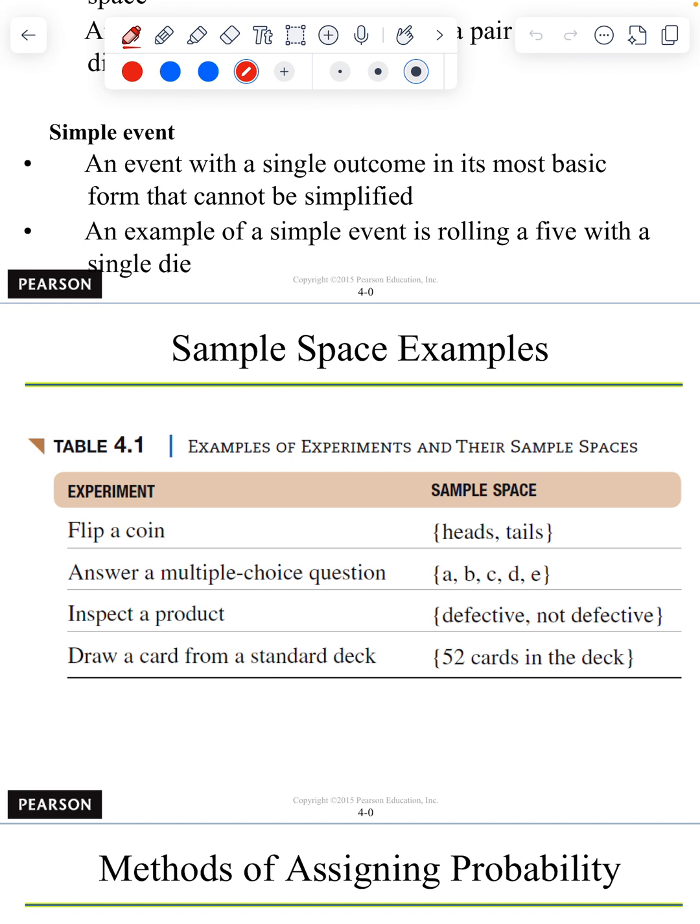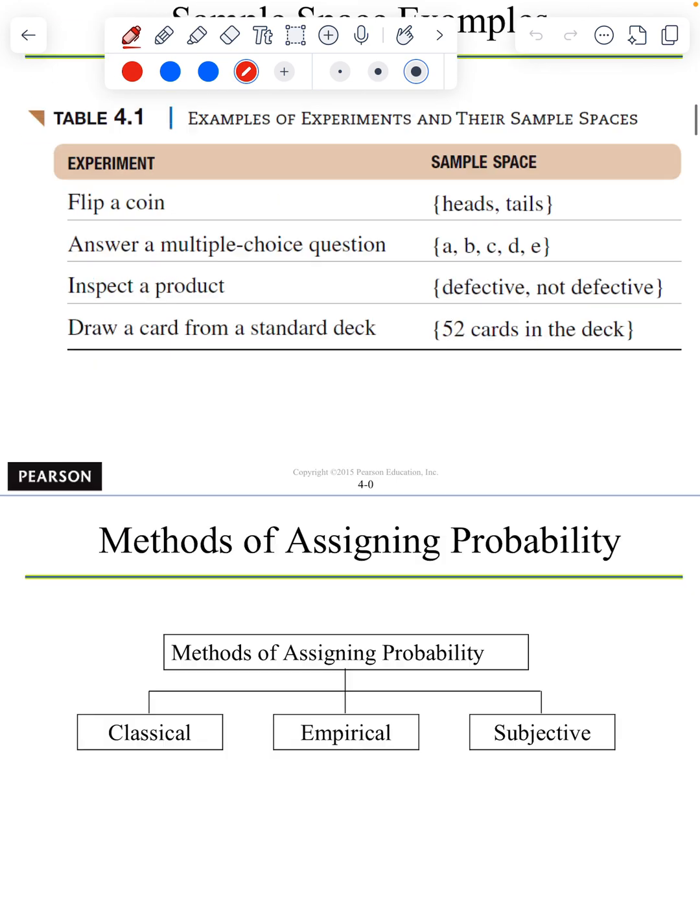And sometimes you have recalls on products because so many have ended up being defective through statistical measure. Drawing a card from a standard deck of cards: you've got 52 cards in a deck. What is the likelihood that you're going to draw an ace? We're going to look at that.